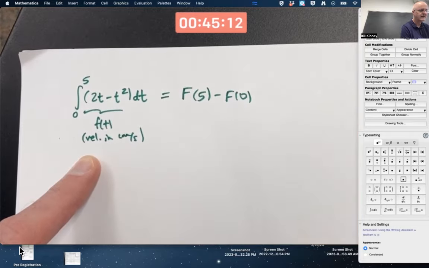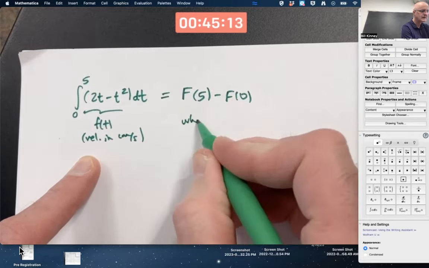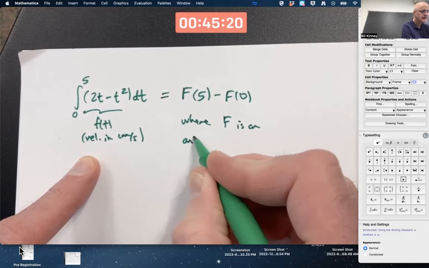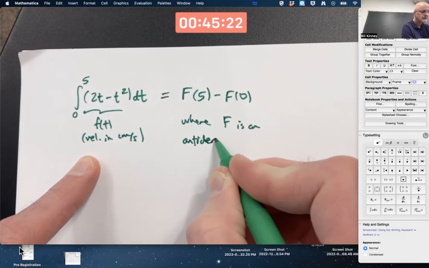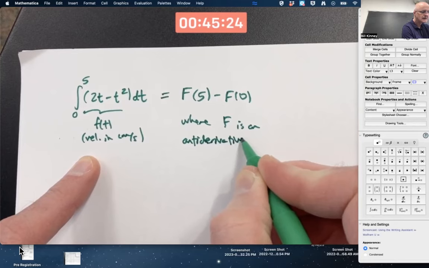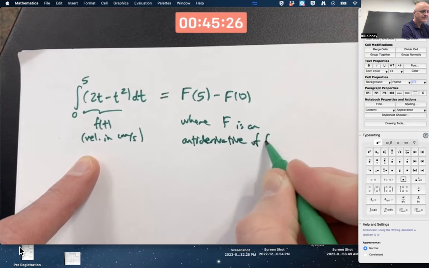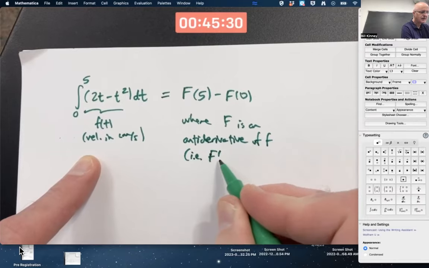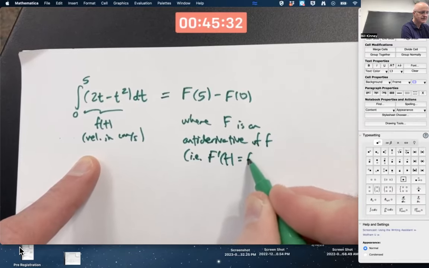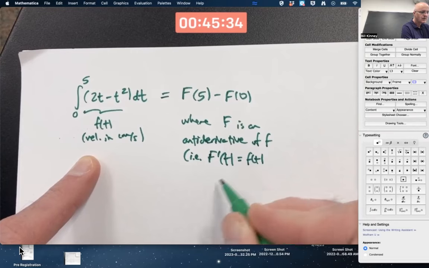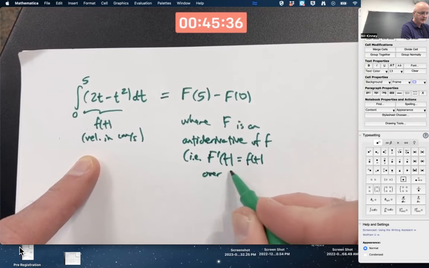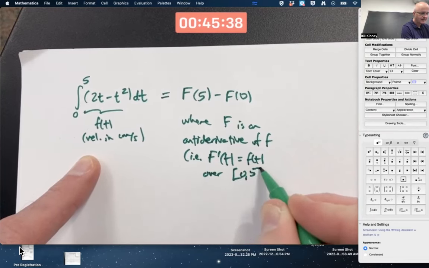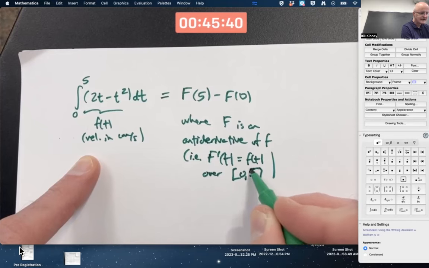I need to do that calculation where capital F is an antiderivative of little f, i.e. capital F prime of t always equals little f of t over the interval from 0 to 5. In other words, for all values of t in that interval.